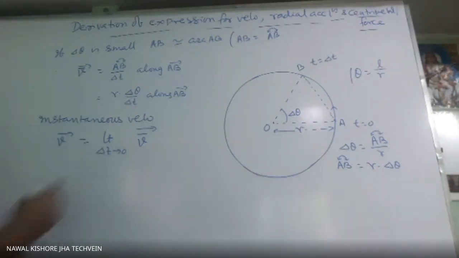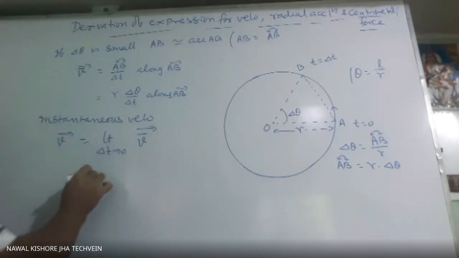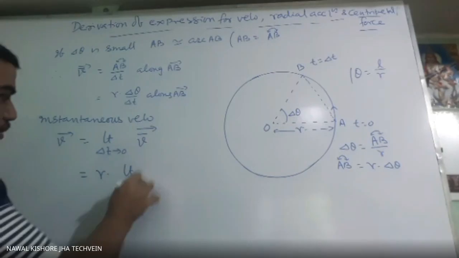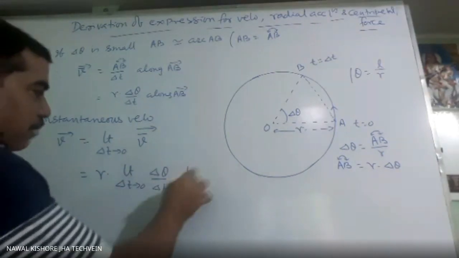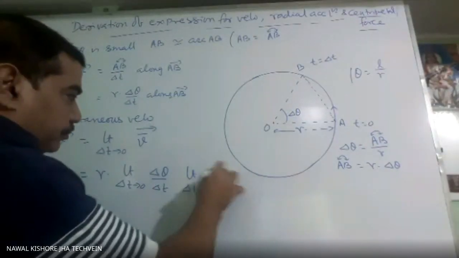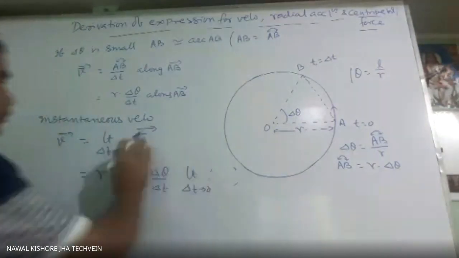Then what will this be? R is constant. So R times the limit delta t tending to 0 of delta theta by delta t, and the limit delta t tending to 0 of vector AB, or the unit vector along AB.